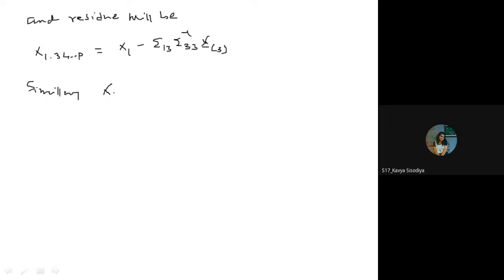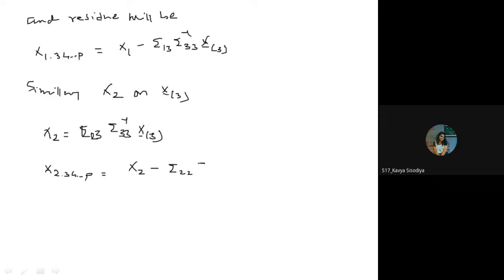Similarly, if you take the regression of x2 on x3, it is x2 equal to sigma 23 sigma 33 inverse x3, and the corresponding residue, x2 dot 3 4 up to p, is x2 minus sigma 23 sigma 33 inverse x3.